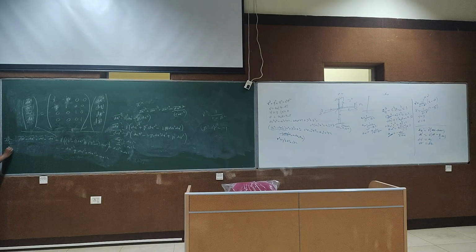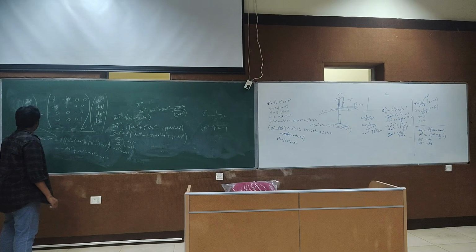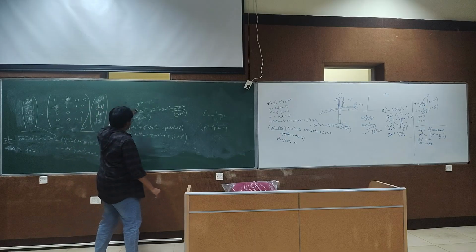Can I also say minus ds square is also invariant? Fine. I define it as d tau square because it is better to work with in future also. I prefer. So, can I erase this?